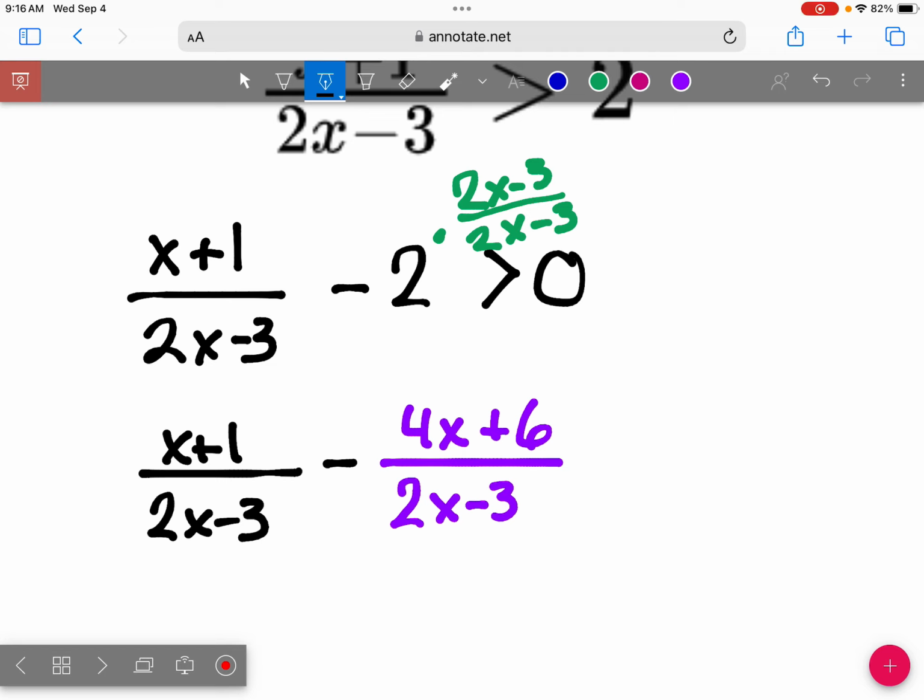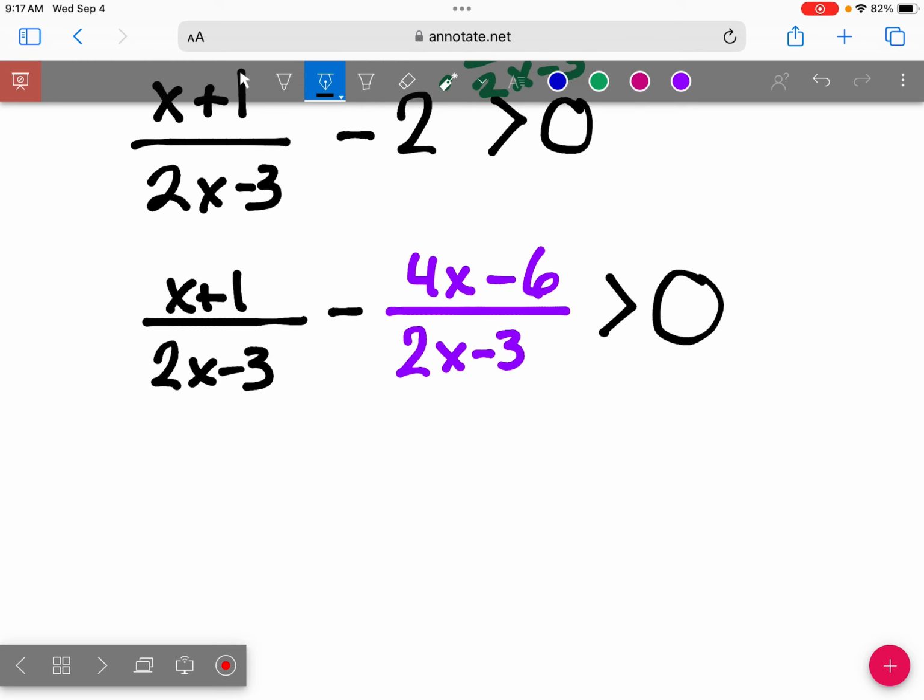Oh, it should be, yeah, minus. Sorry, my signs are weird. It should be a minus 6 here. Because I took my 2 and multiplied it in. If you distribute the minus 2, that's fine, but you're going to wind up with a plus over here. So be careful of your signs. Okay, cool.